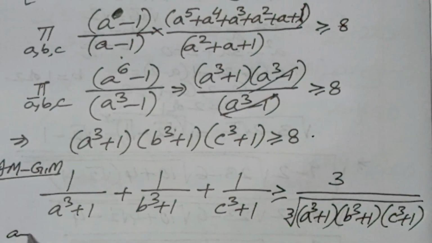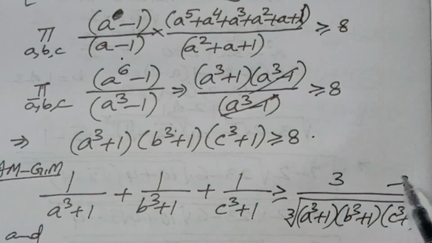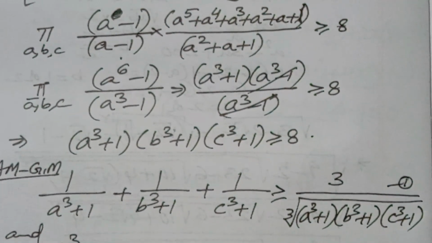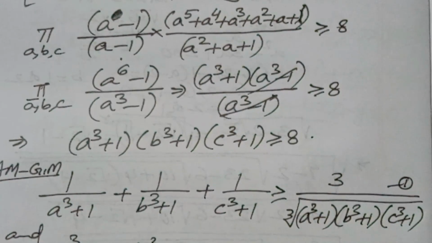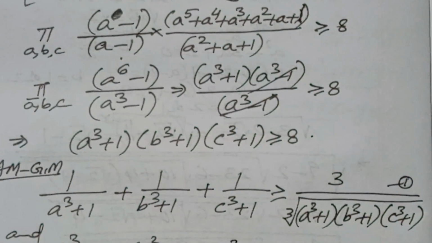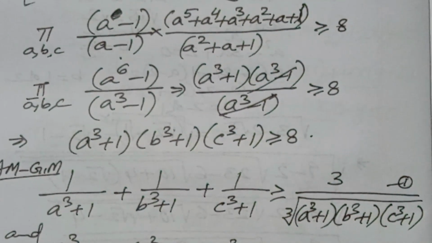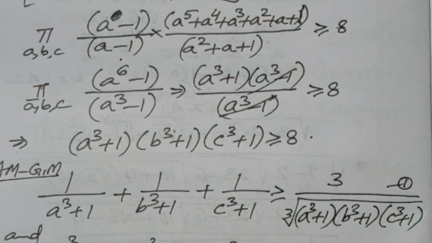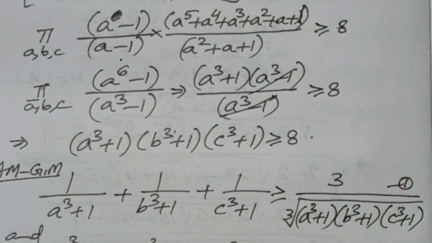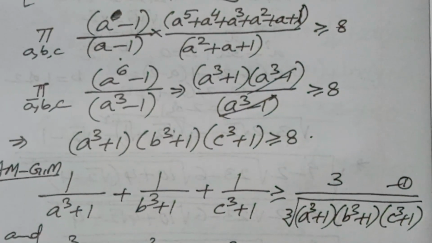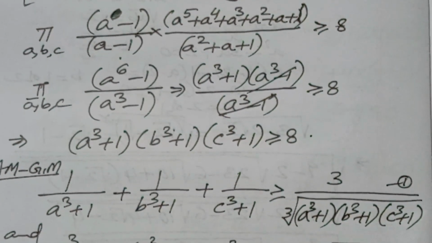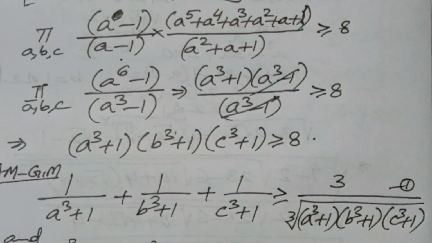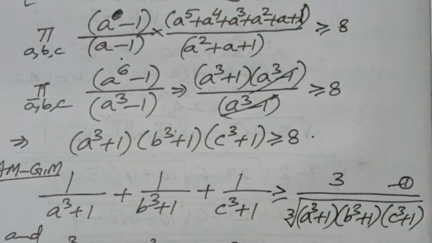This is the first one, and now we are taking the second one: a cube by a cube plus 1, plus b cube by b cube plus 1, plus c cube by c cube plus 1 is greater than or equal to 3 into the cube root of a cube b cube c cube, divided by the cube root of a cube plus 1 into b cube plus 1 into c cube plus 1. Let's take this as the second one.